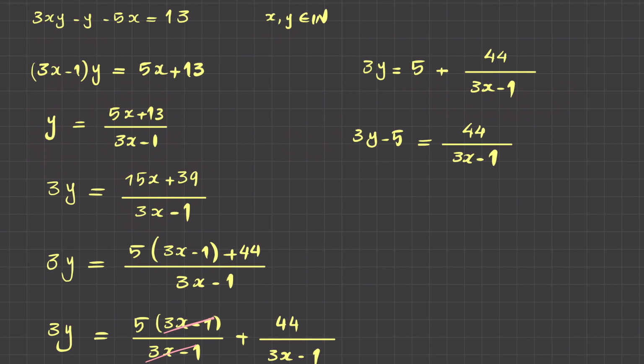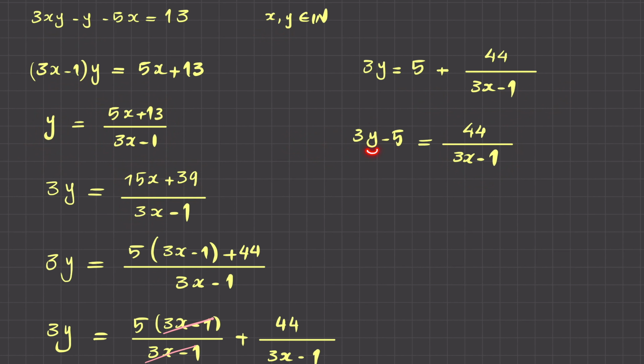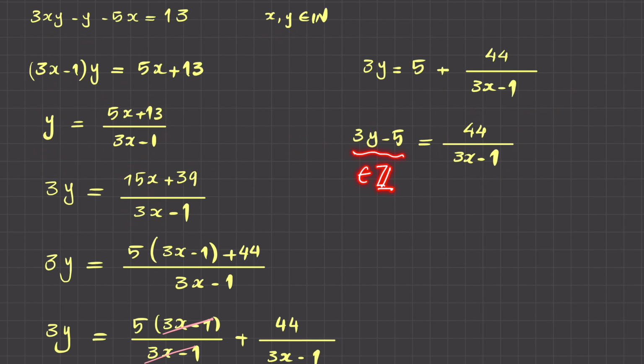Okay, so what we know is that this number should be an integer, because y is a natural number. If you multiply a natural number by 3 and subtract 5 from it, this is definitely an integer. Okay? In most cases, of course, it's a natural number.